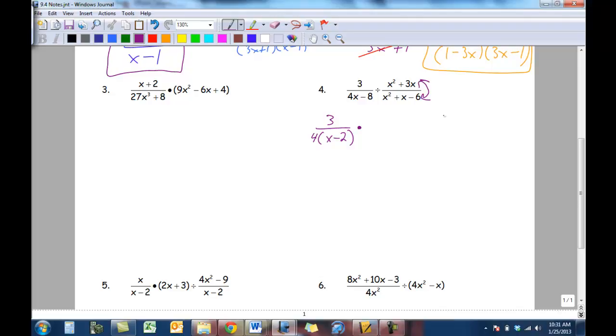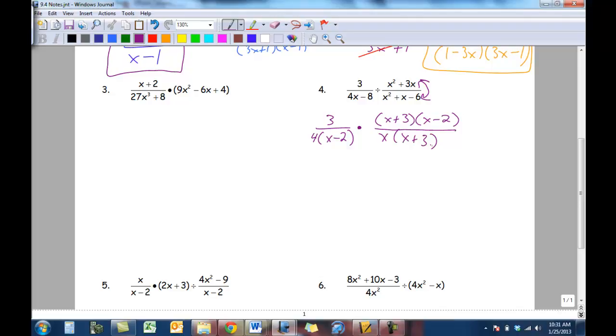The bottom here is going to be on top. But let's factor it. What multiplies to negative 6 and adds up to 1? It'll be x plus 3 times x minus 2, over, now the top part here is going to be on the bottom, GCF, an x can come out, and we're left with x plus 3.